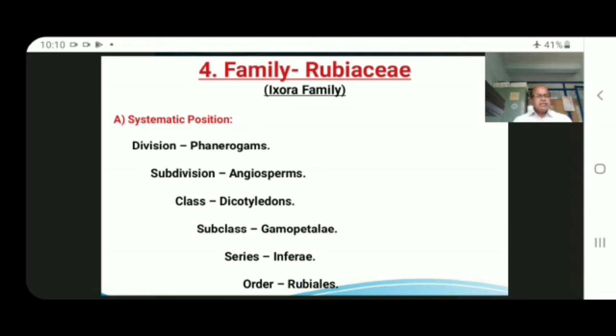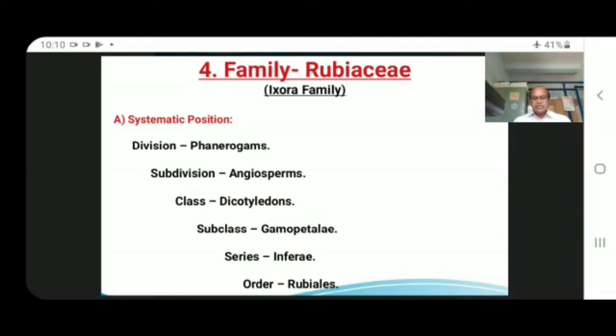This family has the characteristics that leaves are opposite with interpetiolar stipules, and flowers in cymose type of inflorescence are the most important characters of this family. Then after that there are salient features of this family.